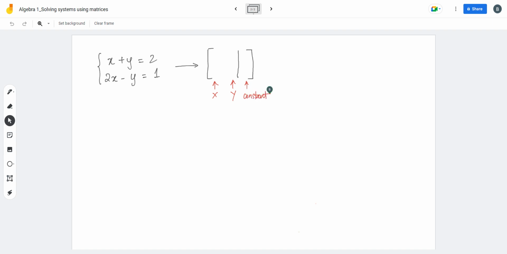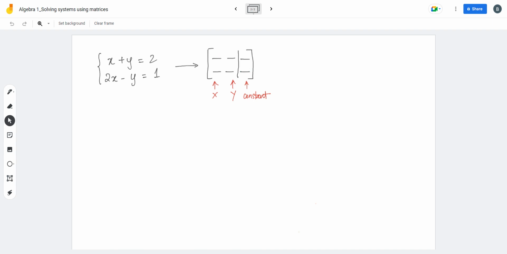Your job is to write in each column and row appropriately the number representing each. In this case you would have two rows. All right, so this is easier for you.